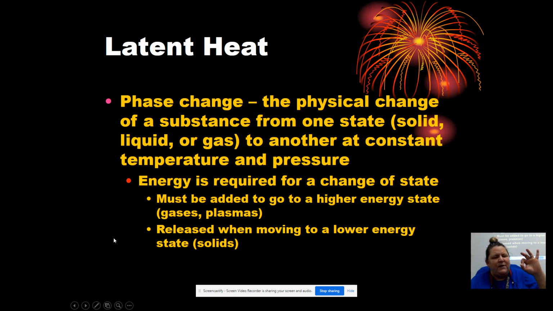When you add heat, you go from solid to gas, and when you take heat away, you go from gas to liquid to solid. So energy is either being absorbed or given out.